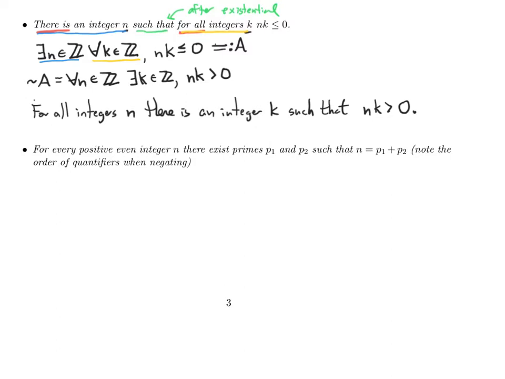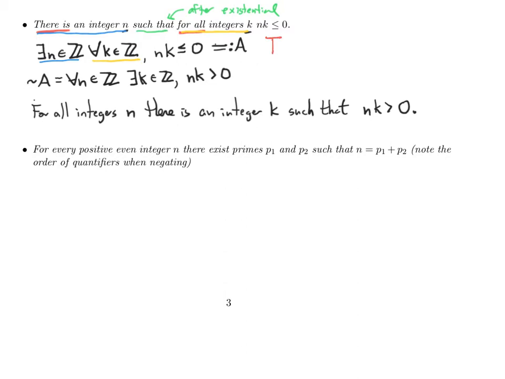If you think about it, there is in fact only one integer that satisfies this. The key is that it can be less than or equal to 0, and we know 0 times anything equals 0. So if we let n equal 0, k can be whatever, and this equals 0. So this is true.